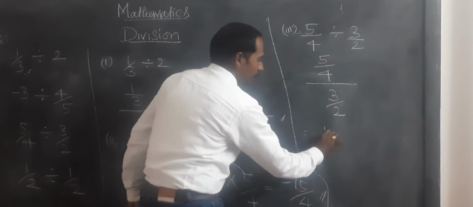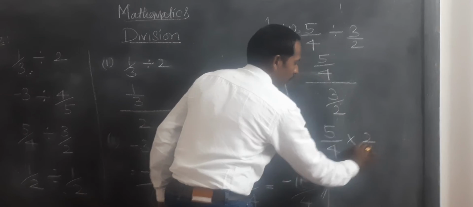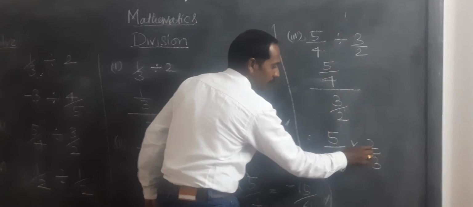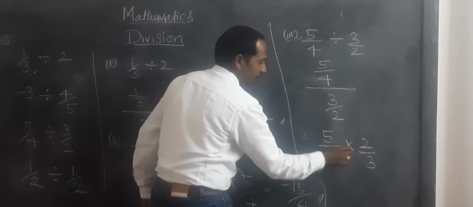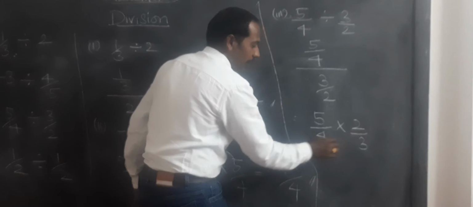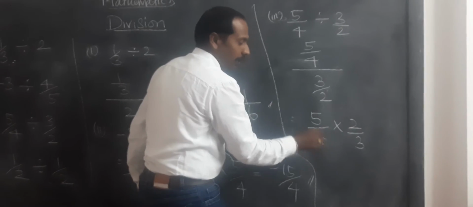For example, 5 over 4 into 2 over 3. You see 3 over 2, but you write 2 over 3, and the divide changes to multiplication. Now you can directly multiply, or if there is any possibility to divide or simplify, you can simplify.